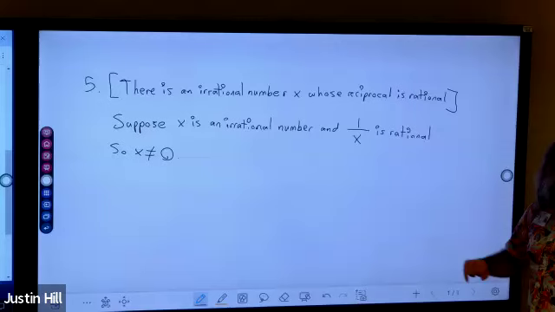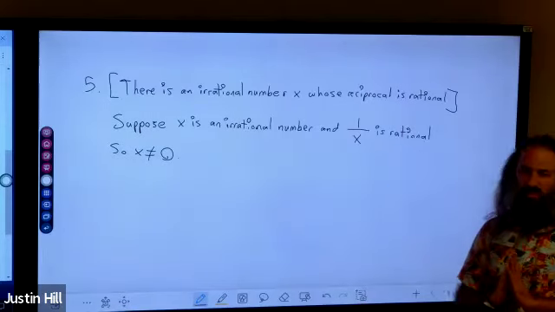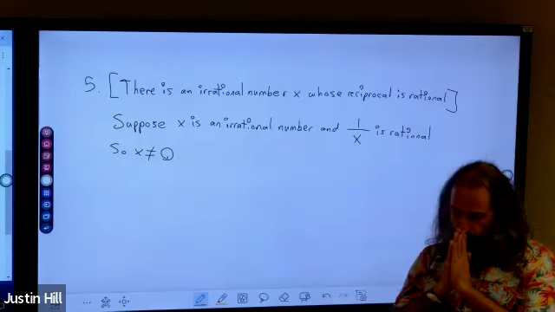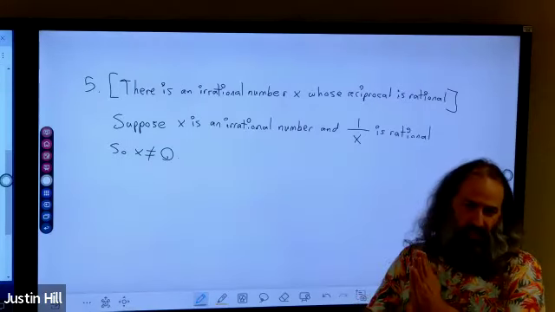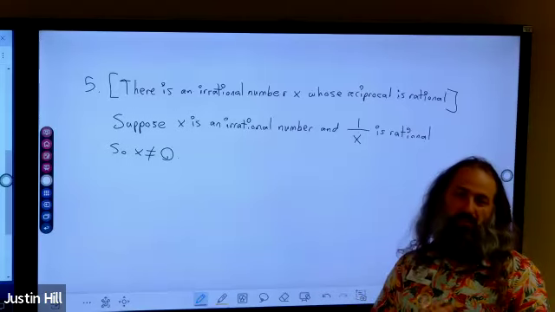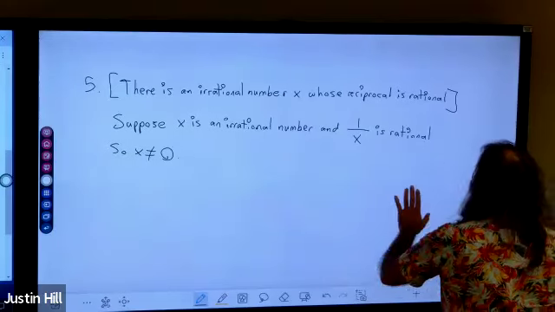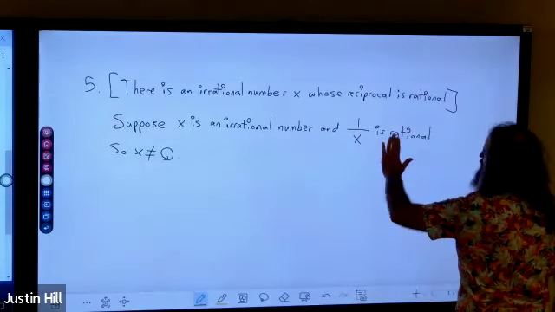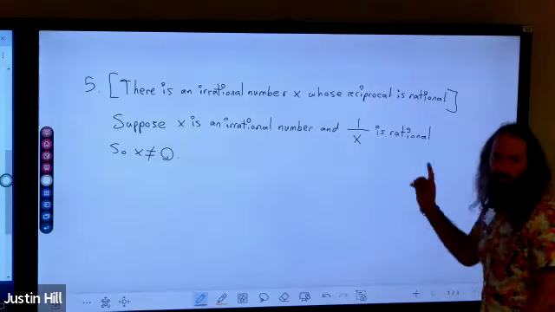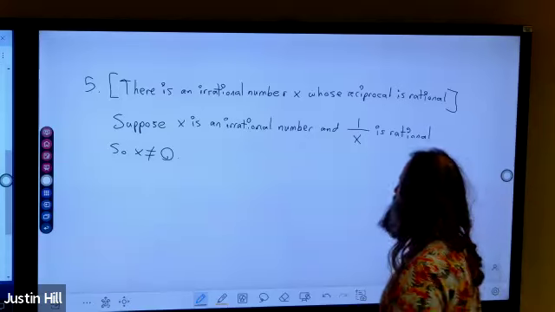And we've said that 1 over x is rational, which means now we have a definition that we can play with. Like I was saying, the purpose of doing either a contradiction or a contraposition proof is the fact that you're negating, because negating turns one of our irrational numbers into a rational number, and a rational number is something with a definition that I can give details to.